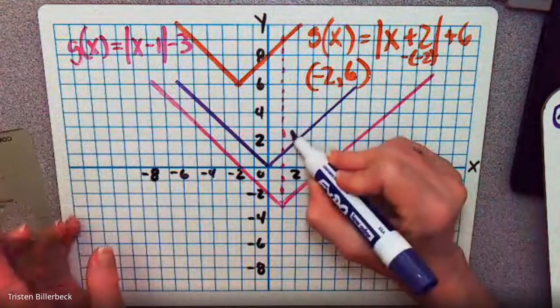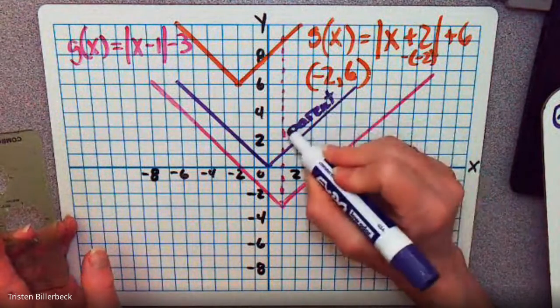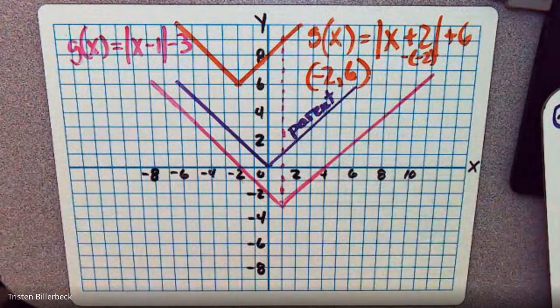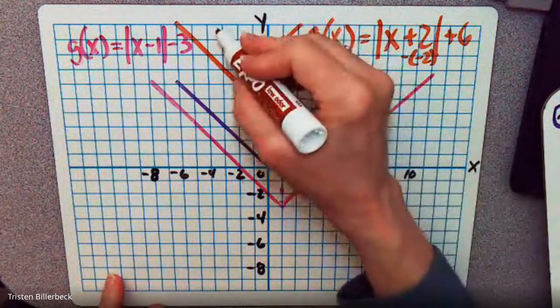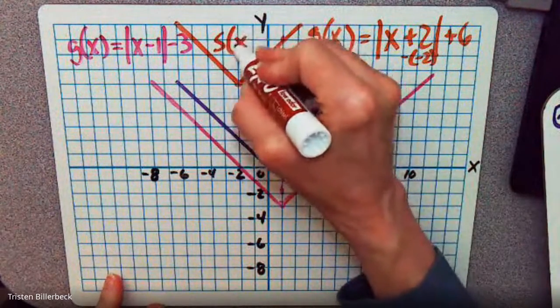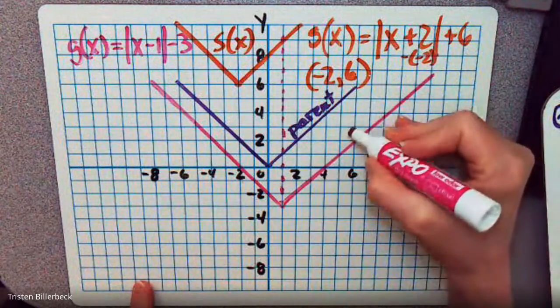So this is our parent. Okay, this is s of x. And this one then is g of x.